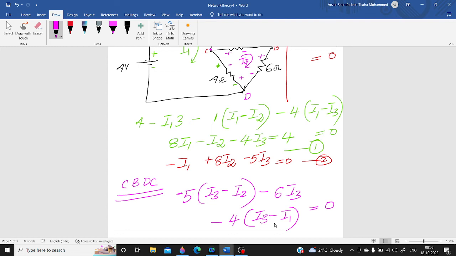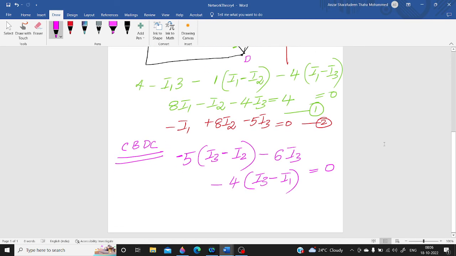So it is minus 5 into I3 minus I2, minus 6 I3, minus 4 into I3 minus I1 is equal to 0. Now, you rearrange this equation, so you will be getting the third equation.